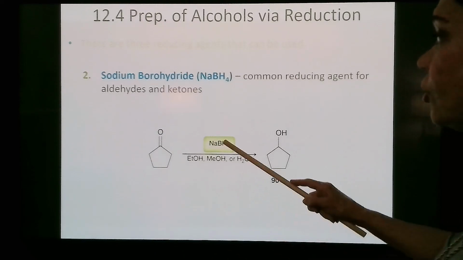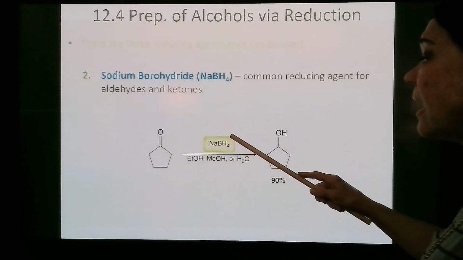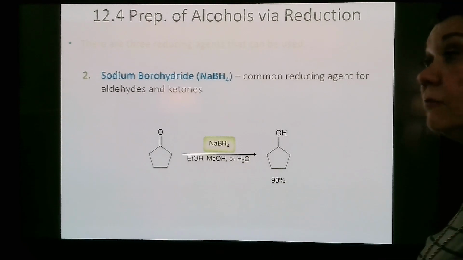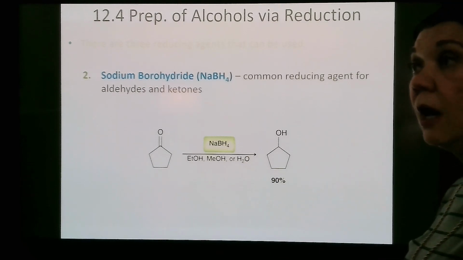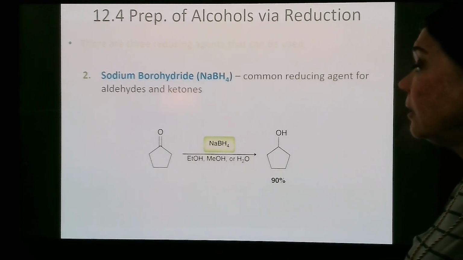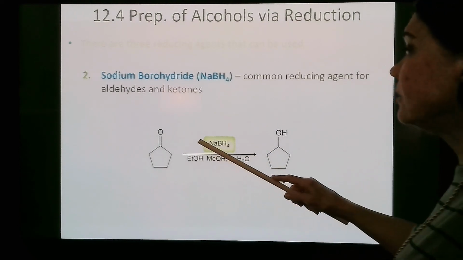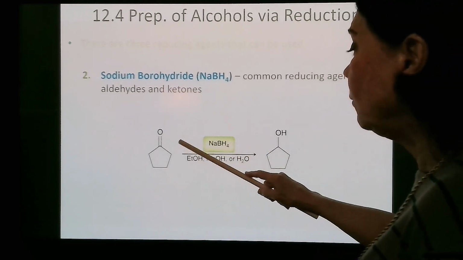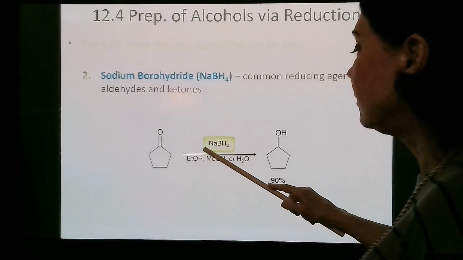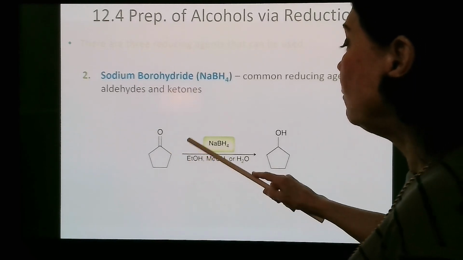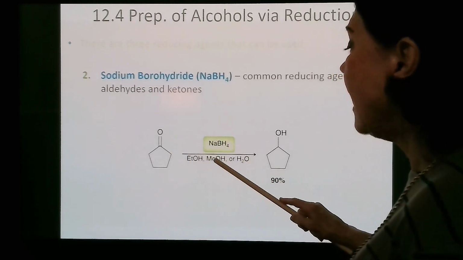One of those is sodium borohydride. Now, this is a cheap and safe reactant, and so you simply mix this. It's done in the liquid phase. You mix this with your carbonyl, and you can do this.